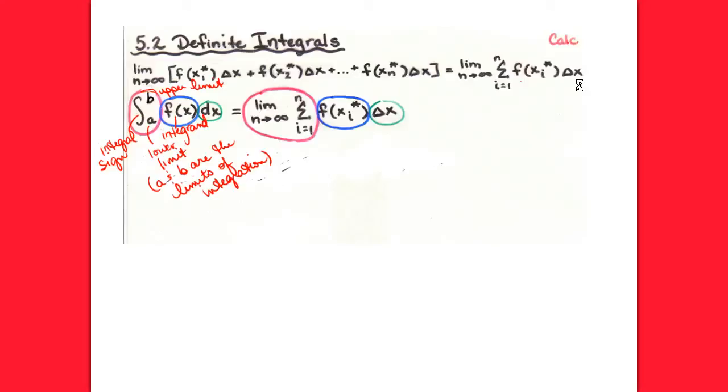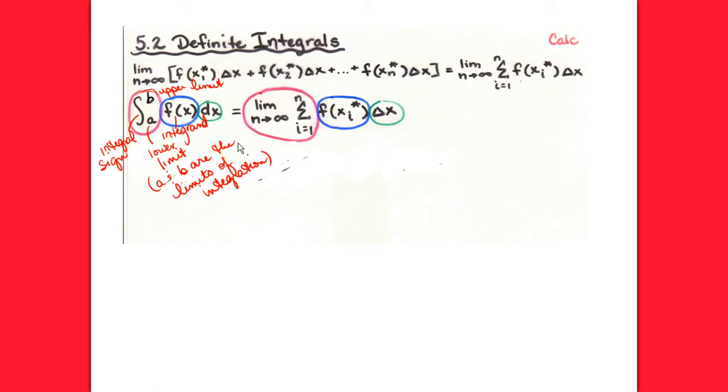And we choose sample points, x sub 1 star, x sub 2 star, x sub 3 star, to be any value in those subintervals that we want. Then the definite integral of f from a to b is defined by exactly what we see here. The definition that we finished with yesterday is going to be rewritten with this notation, and that will be our notation for a definite integral.